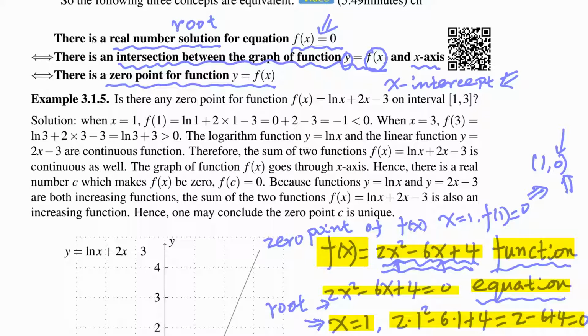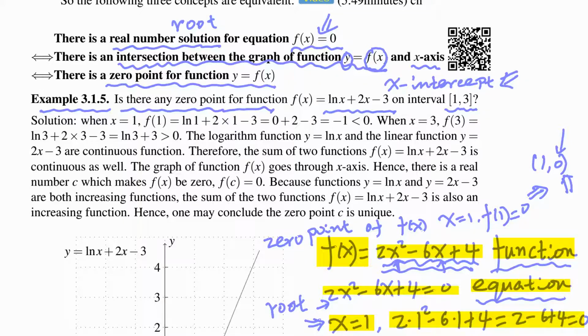Okay, now we do more things. If we look at this example, we are asked, is there any 0 point for this function, natural log x plus 2x minus 3, on the closed interval from 1 to 3?